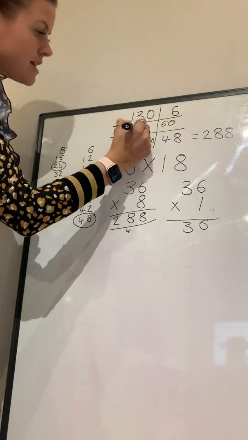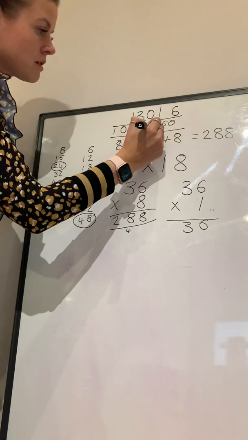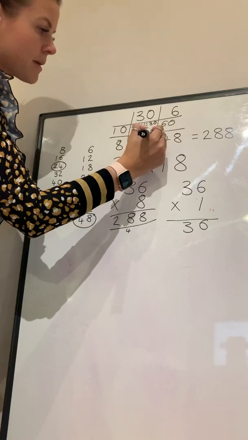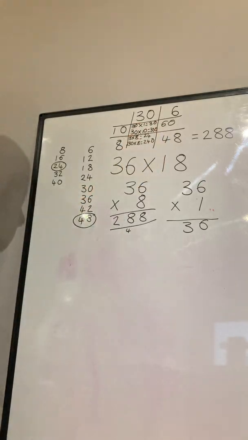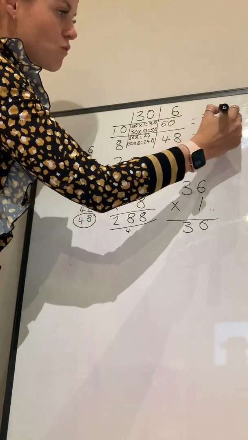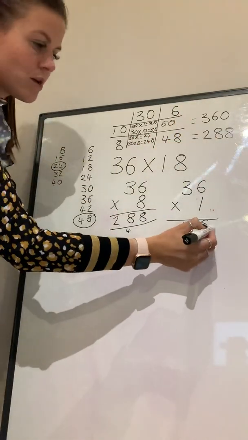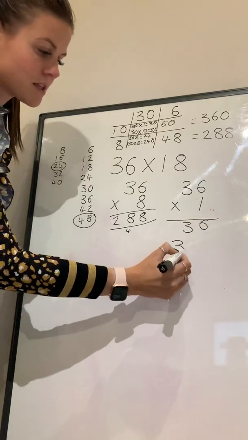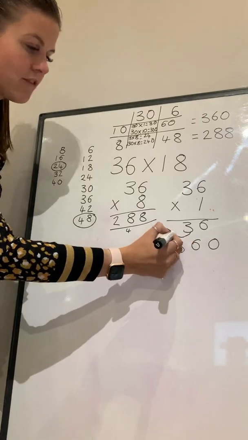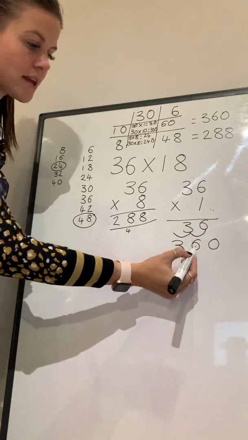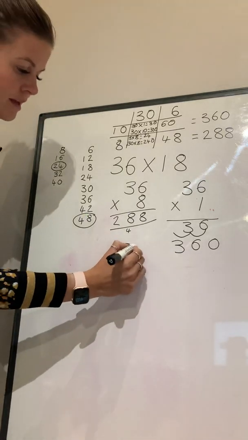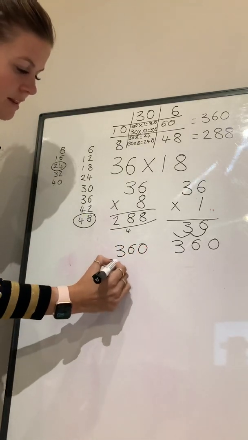Well, I might do 30 multiplied by 1 and then 30 multiplied by 10, so my answer should be 300. Well, 360 makes 360. So I know that this number is made 10 times larger. I move each digit 1 place to the left, because left is larger, 360. All that I'm left to do now is add these two numbers together.